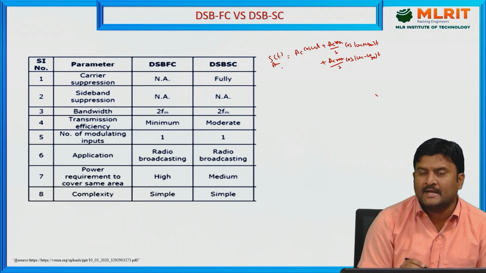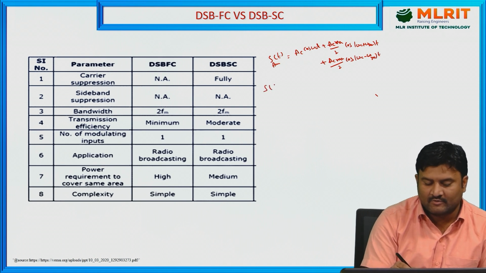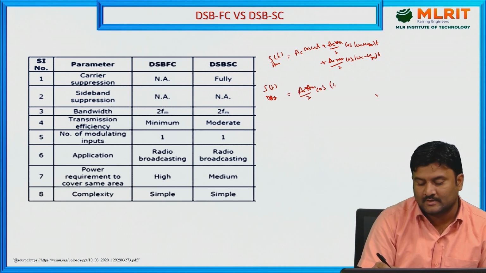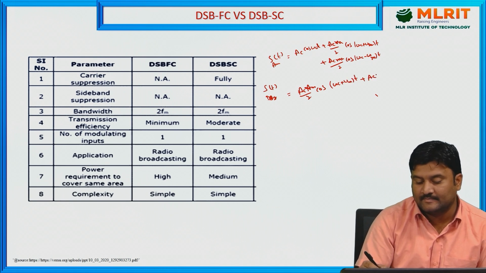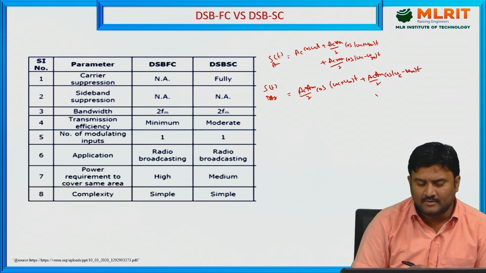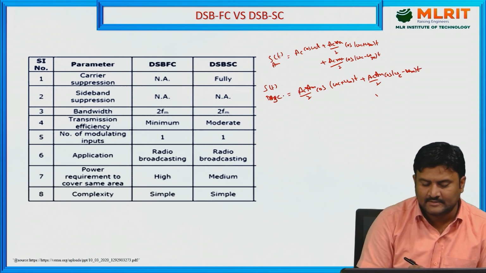This is the AM equation. Now S of t for DSB-SC is AC AM by 2 cos of omega c plus omega m into t plus AC AM by 2 cos of omega c minus omega m into t. So this is the DSB-SC.